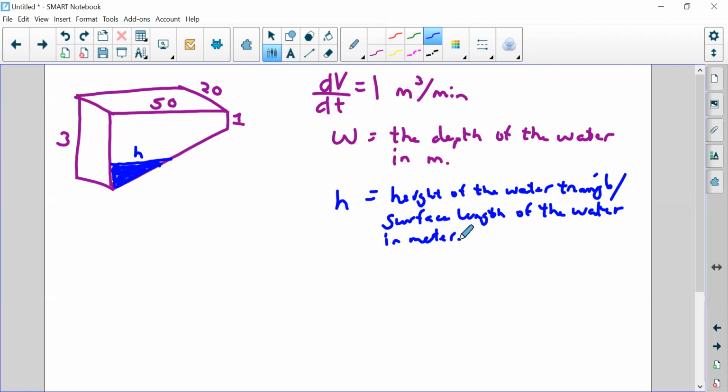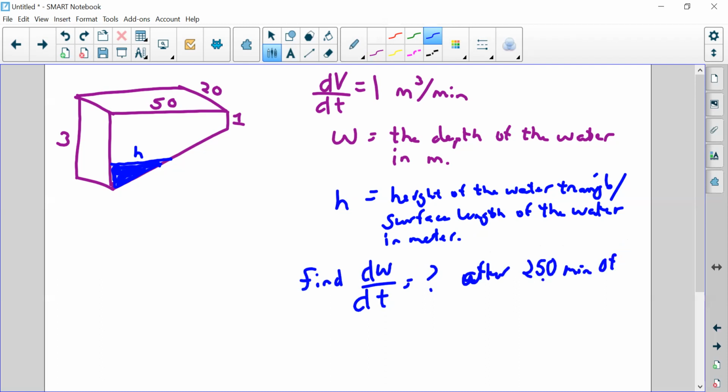Okay, so we're trying to find dW over dt. And we're trying to find that after 250 minutes of filling. We just say T equals 250. Yes, you can say T is equal to 250 minutes. Absolutely.